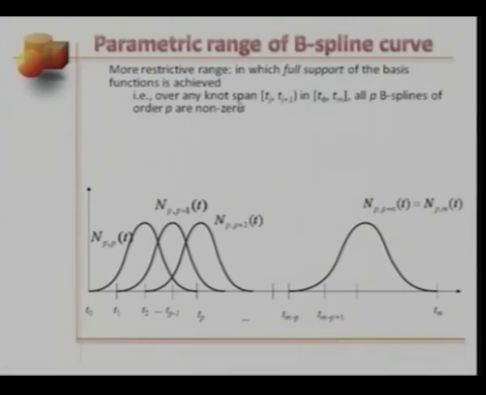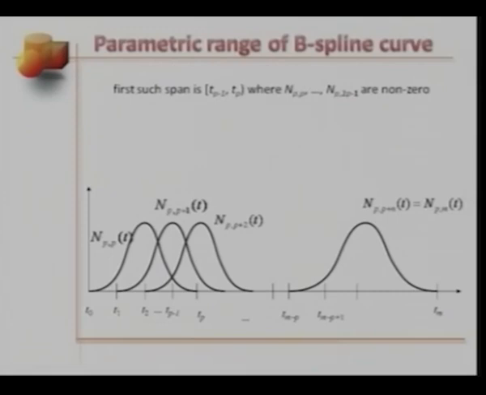Over any knot span [tj, tj+1] in [t0, tm], all p B-splines of order p are non-zero. If that is the case, then we say we have full support of the B-spline basis functions.